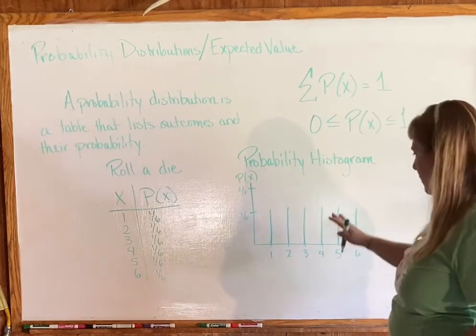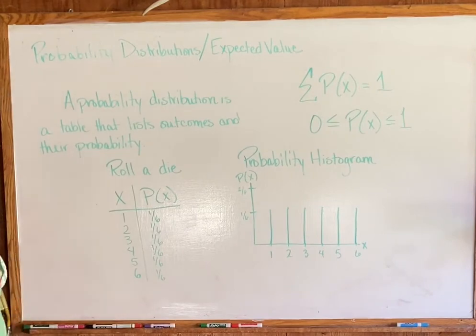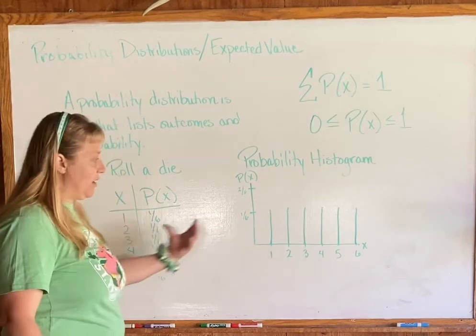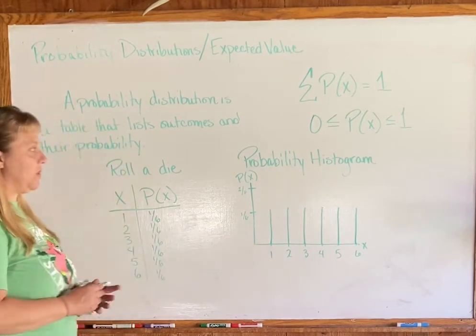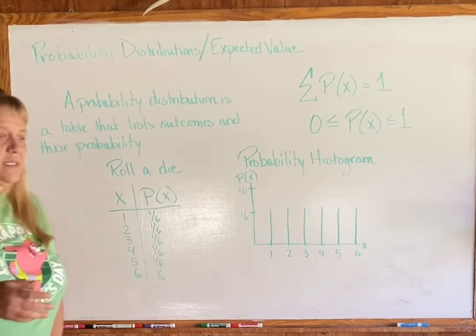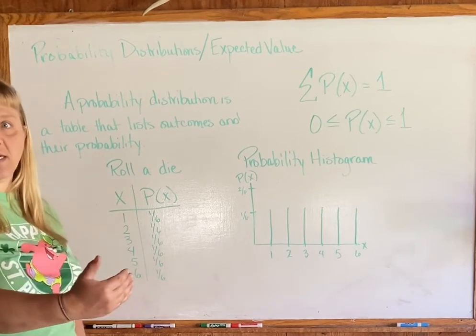Again, go with my graph. It should be perfect, but that's the way life goes. So there is our probability histogram. The idea is just that you have it in table form and you also have it in graph form, so you have both forms. What we're trying to do is get back into statistics.